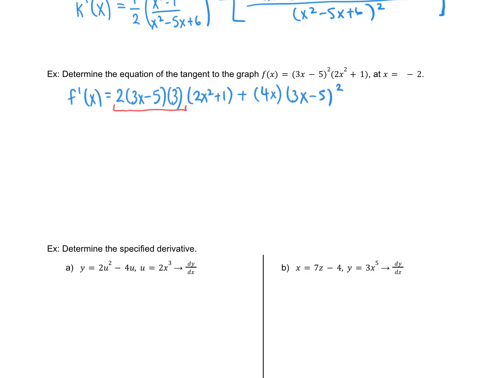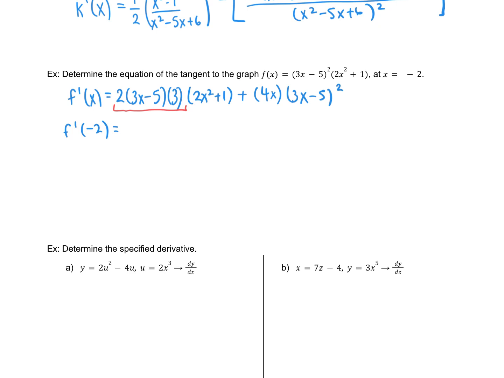Now, normally I might clean this up if I wanted to do more with this, but because I'm just trying to find the slope when x is -2, I can sub in -2 right now. I'm just gonna punch this into my calculator. I can show my work and everything, but I'm just gonna sub it in.